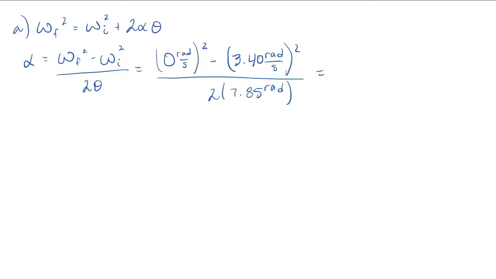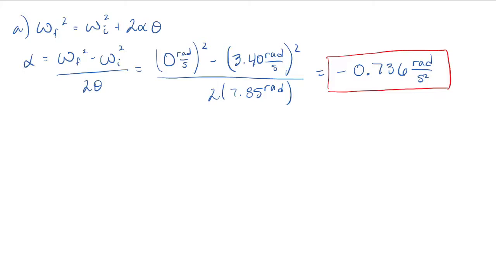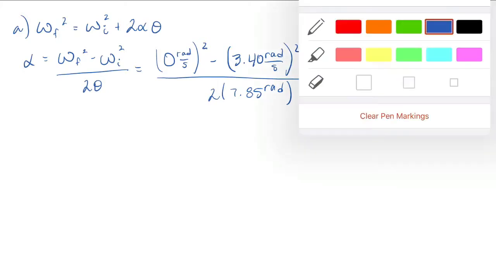But remember to use the full value, okay? And so if we do that, we get an angular acceleration of negative 0.736 radians per second squared. A negative makes total sense, right? Because we know this guy is slowing down.